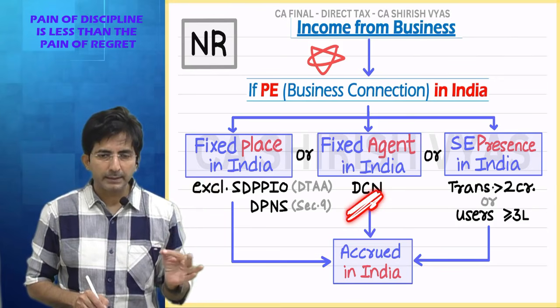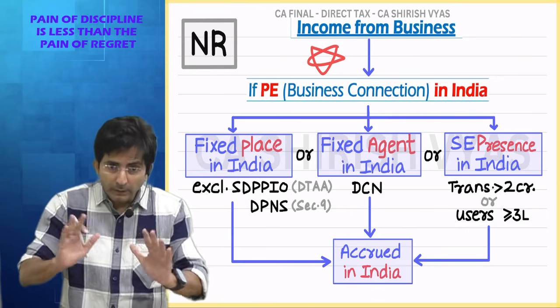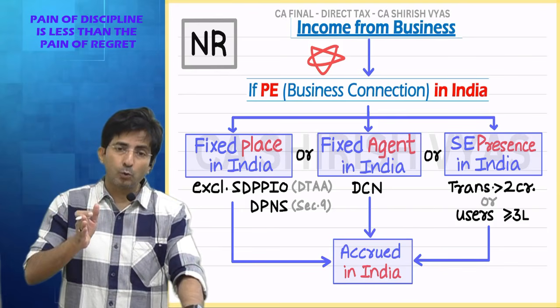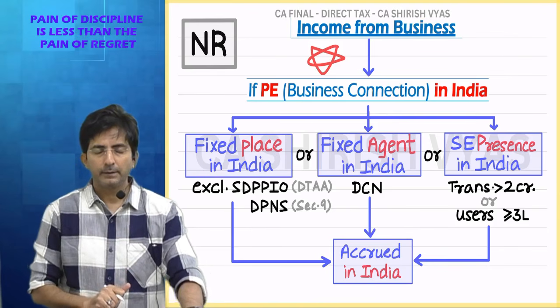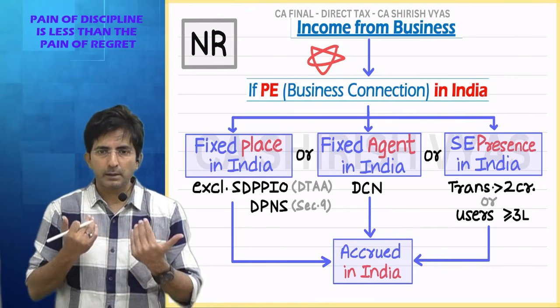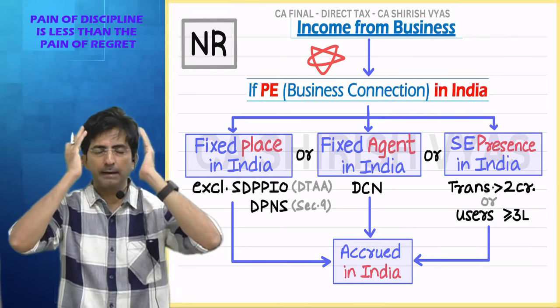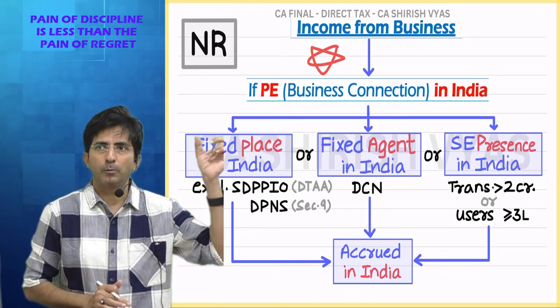Next alphabet C. The agent in India should either conclude the contracts or play the principal role leading to conclusion of contract. Repeat. The agent in India should either conclude the contracts on behalf of NR. See, imagine my example, I am Shirish Vyas, agent in India, and my principal is in Singapore, ABC Limited.